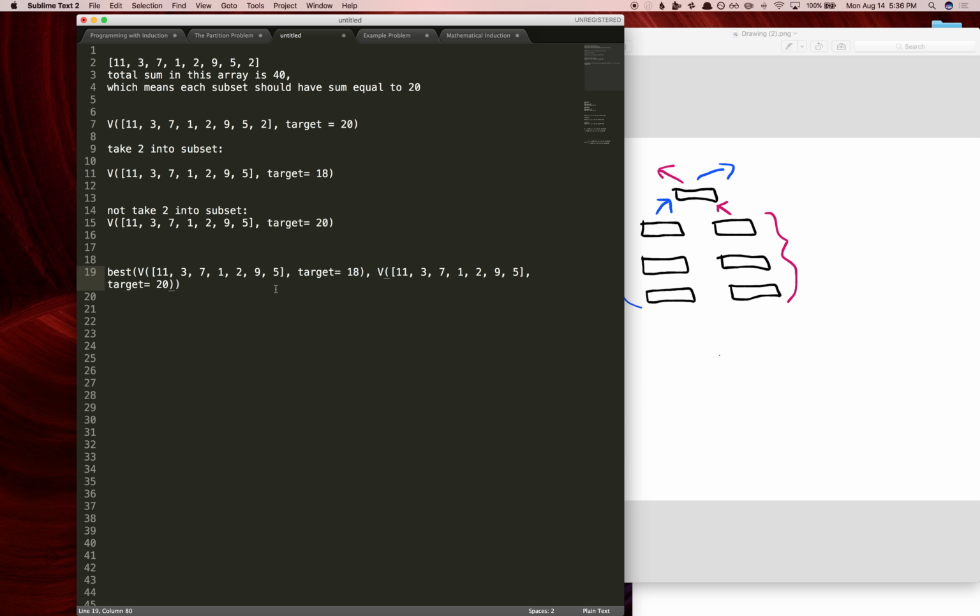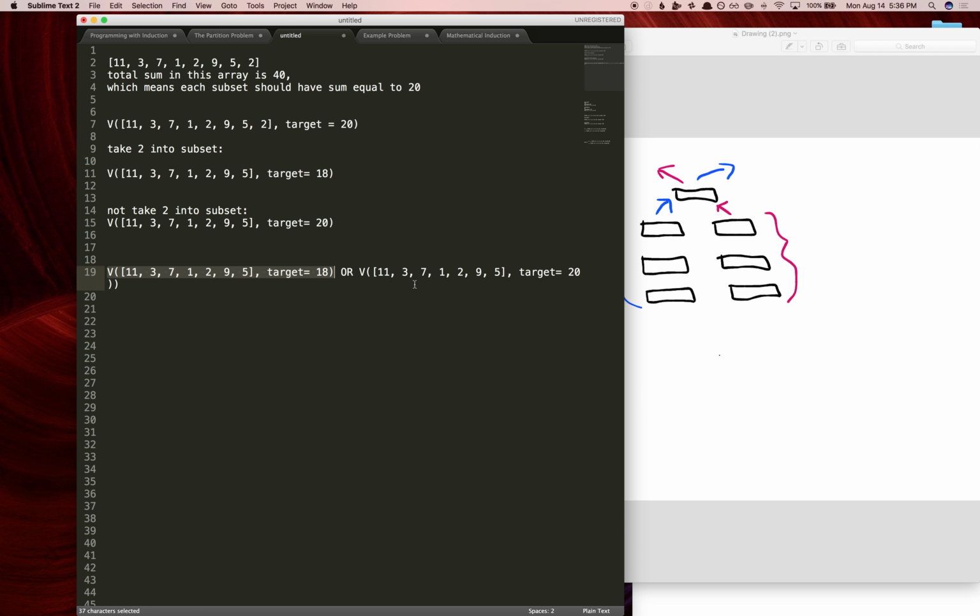We've decided that best is going to be whatever offers us true. So we could write our best function, because this is going to give true or false, as: we want the value of this first subproblem right here if it's true, or we want this one if it's true.